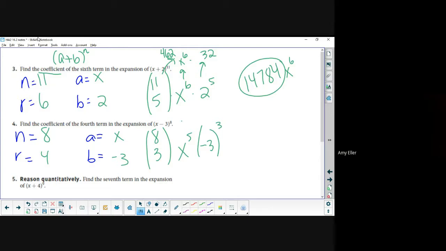Simplify each part if you can. You get 512 x to the 5th and -27. Multiply those numbers.